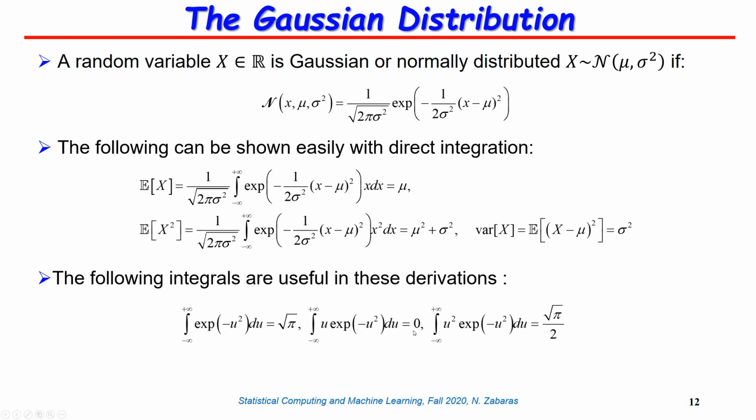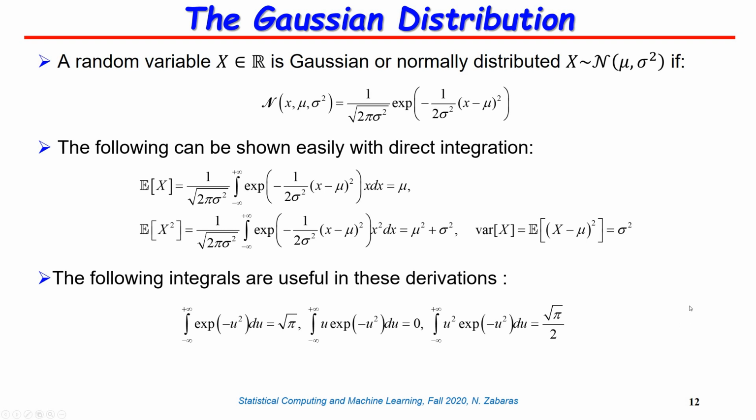These formulas, you can find them in integration handbooks, or if you search on the web, you can locate these nice formulas, and they are very valuable in computing the various integrals under the Gaussian distribution. So literally, to compute these two integrals and show that the mean is mu and the variance sigma squared, you only need these integrals that you see on the bottom.